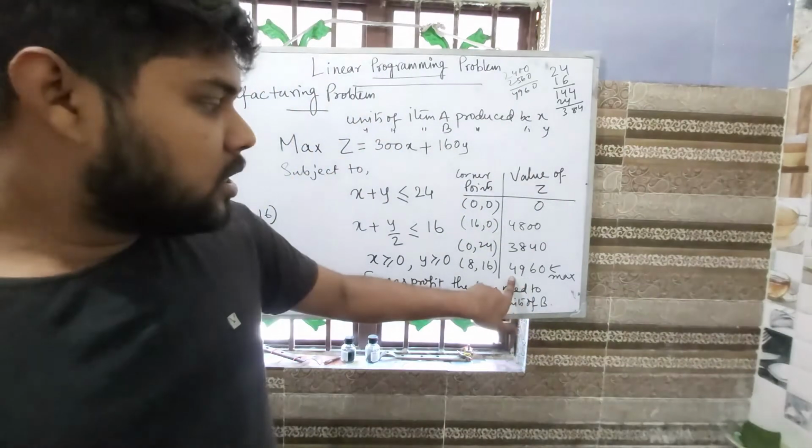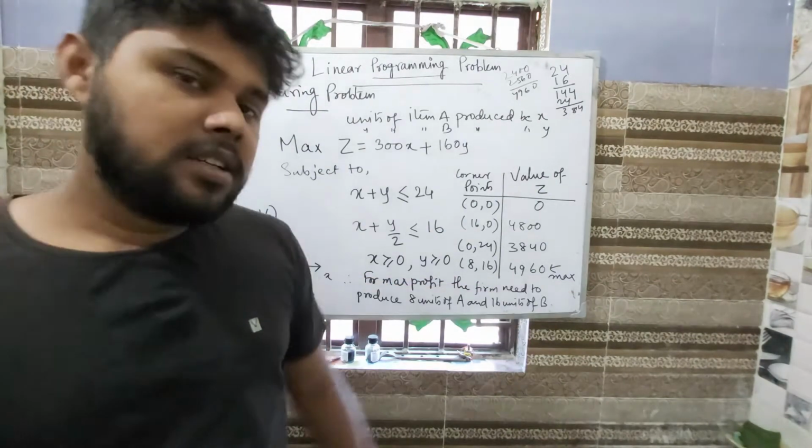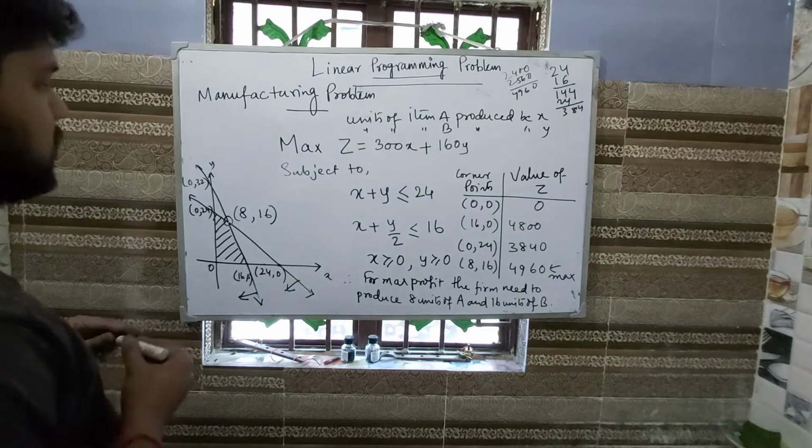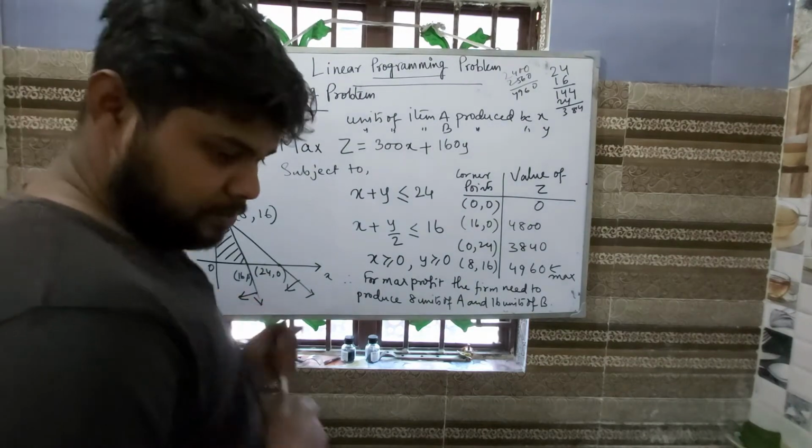So the max profit is rupees 4960. Fine. So this is one problem.